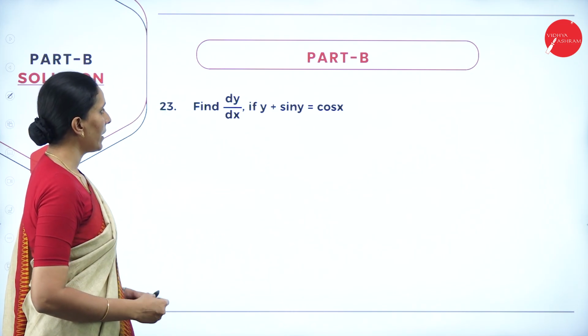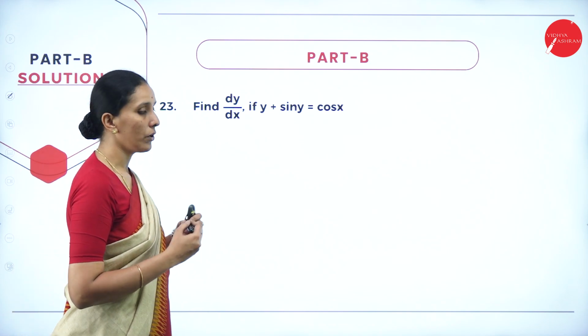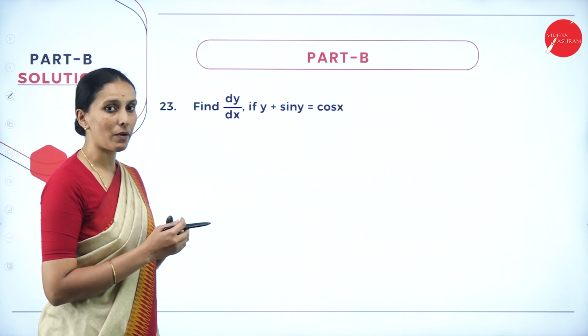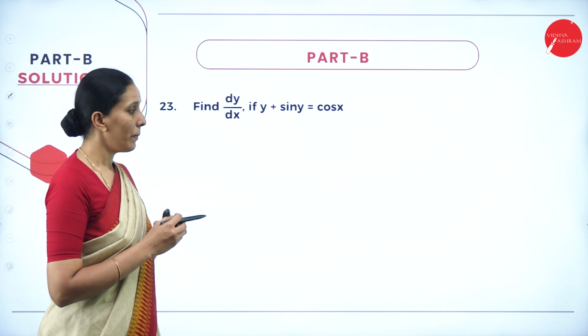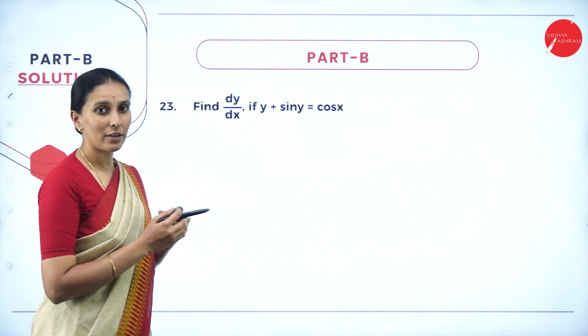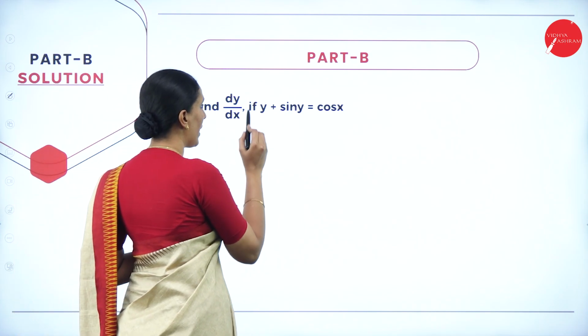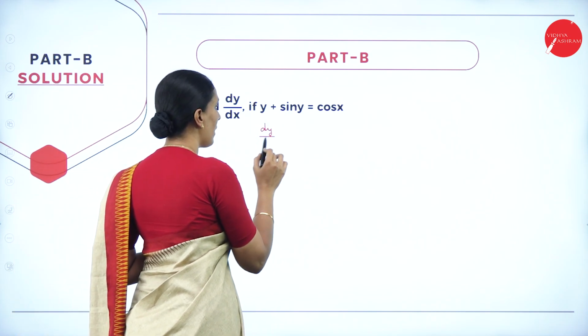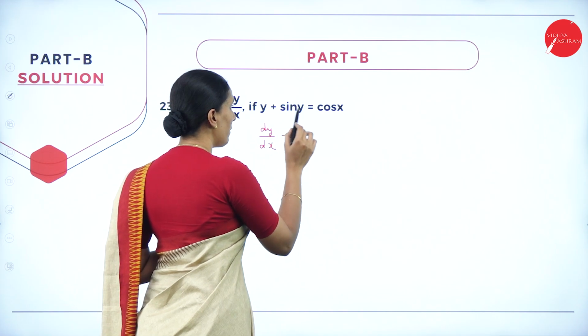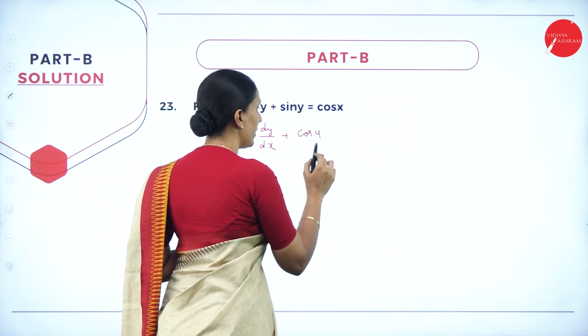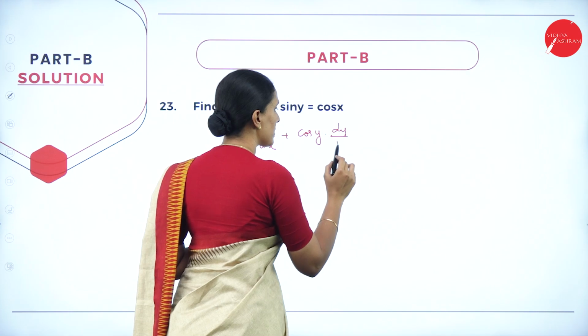Next, find dy by dx if y plus sin y is equal to cos x. So question number 23 is from the chapter differentiability. Basically, you can expect implicit form of functions to find dy by dx. So when we have y, the derivative is dy by dx. Derivative of sin y is cos y into dy by dx.